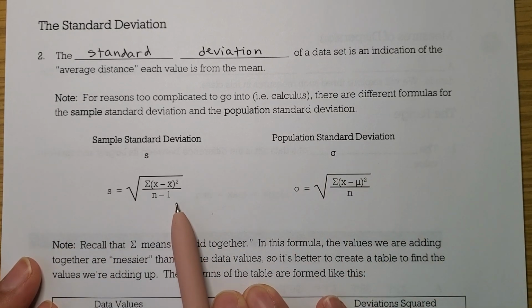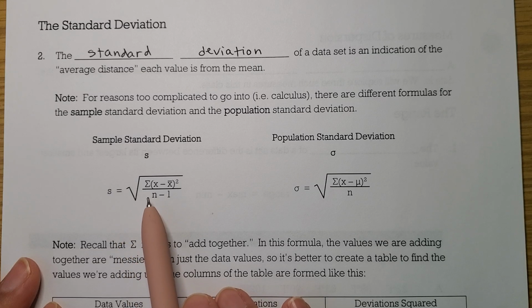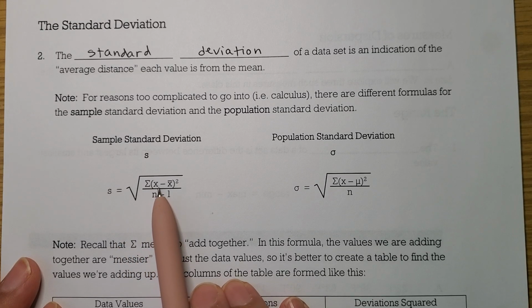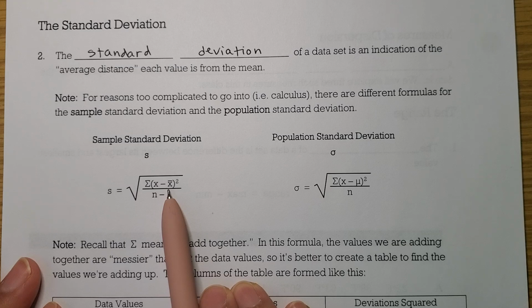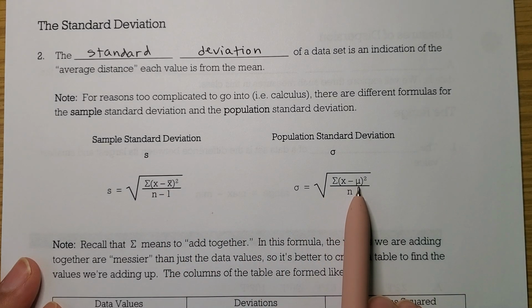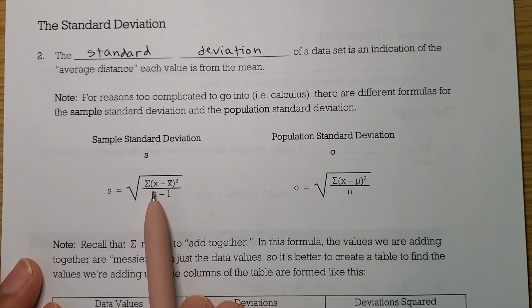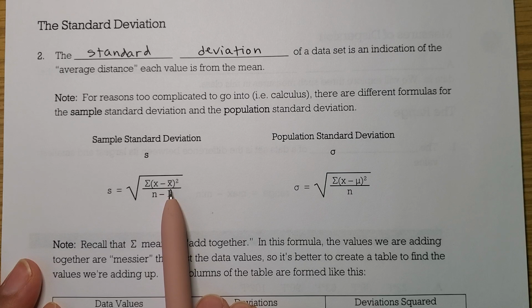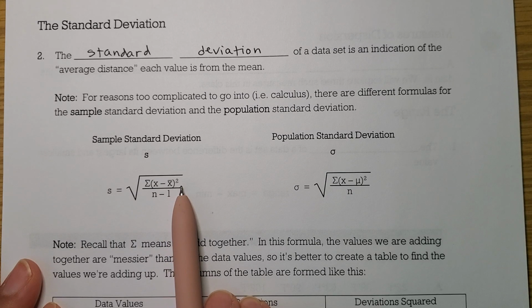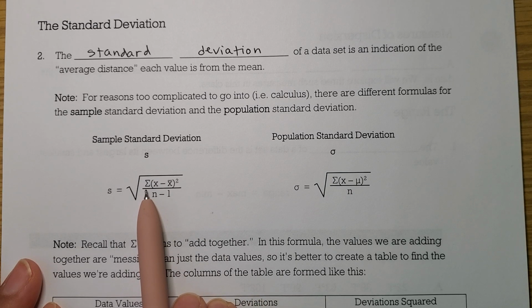For the sample standard deviation, it's almost the same thing, but just to make our lives interesting, different. In this case, we have our data value minus the mean. It's a different symbol because remember, mu is the symbol for population mean, and x bar is the symbol for sample mean. So we take our data value minus the mean, square it, add all of those up.